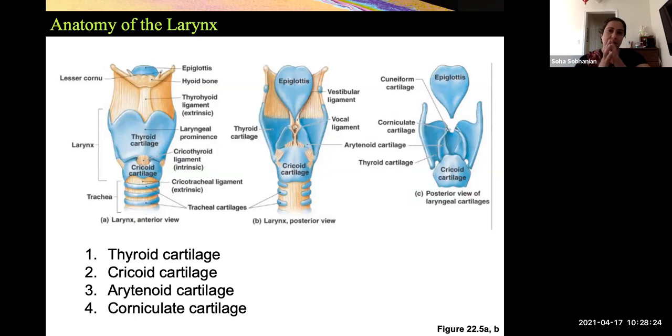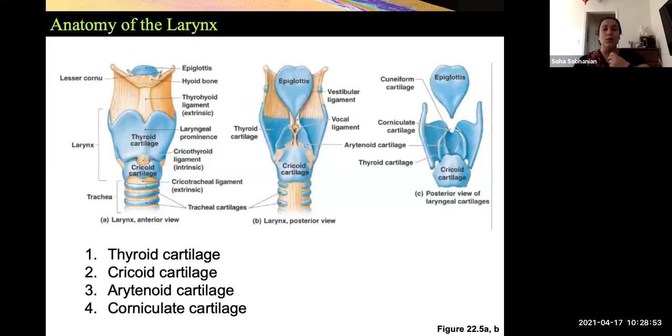In males, because of the high level of testosterone, the thyroid cartilage grows larger than in females. So what we identify as Adam's apple in males, the little thing that moves up and down in the neck area, is basically your thyroid cartilage that has been enlarged because of the high level of testosterone.